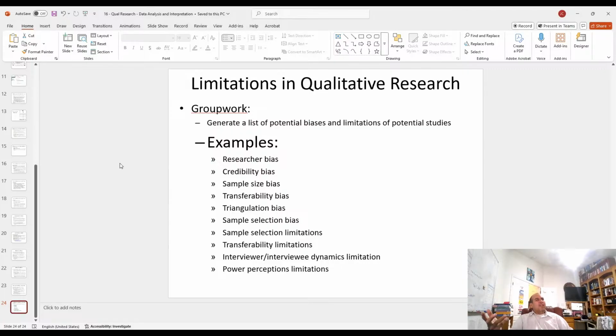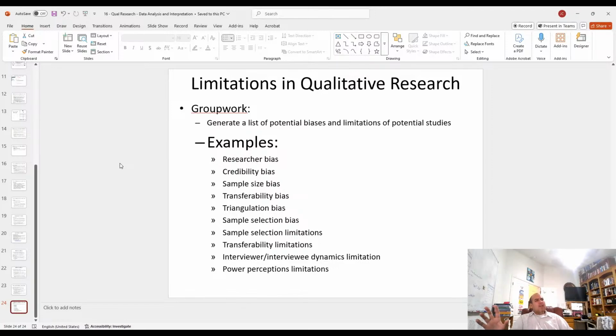Transferability: does your study, what you found, can we use that in other similar settings? Triangulation: were you able to triangulate your data? Sample selection bias: what type of sampling method did you use? And based on that sampling method, did you appropriately select the right participants for your study? Sample selection limitations, right? Transferability, similar thing. Is there a high level of transferability in your study?